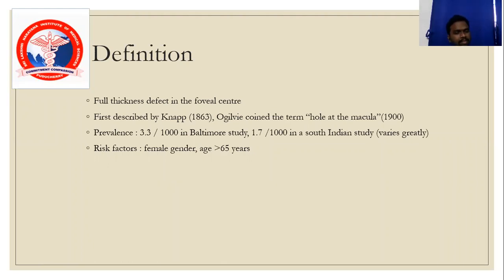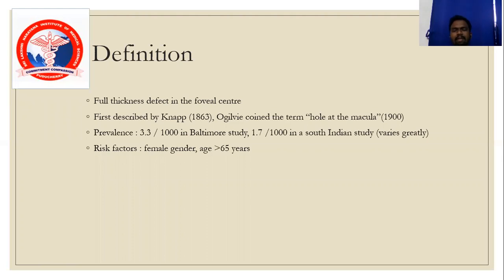So what are the prevalences of a macular hole? The Baltimore study, which took place in the year 1950, stated that the prevalence of macular hole was 3.3 per 1,000 population, while in various South Indian studies, it has been found that the incidence of macular hole is 1.7 per 1,000 population.